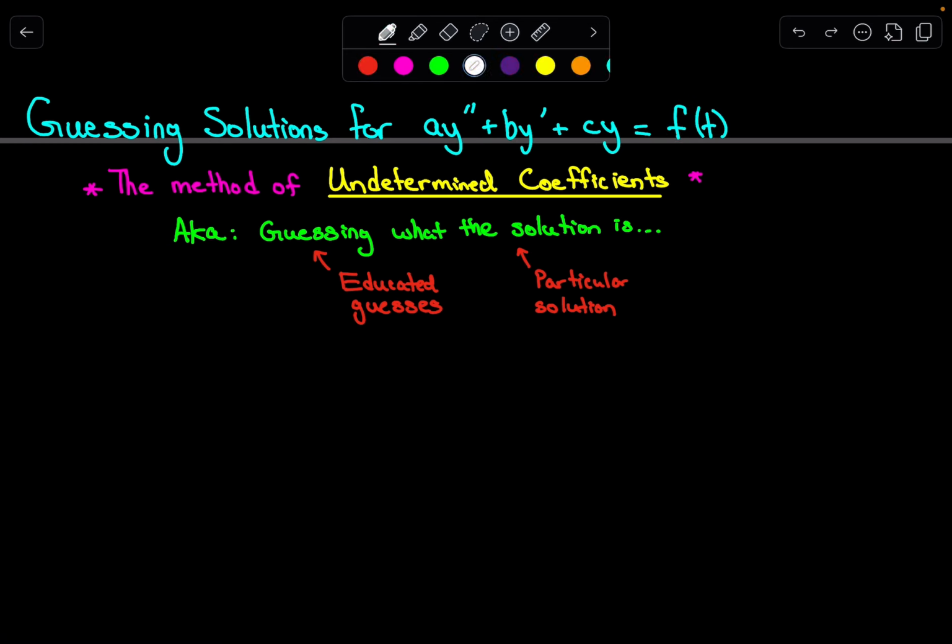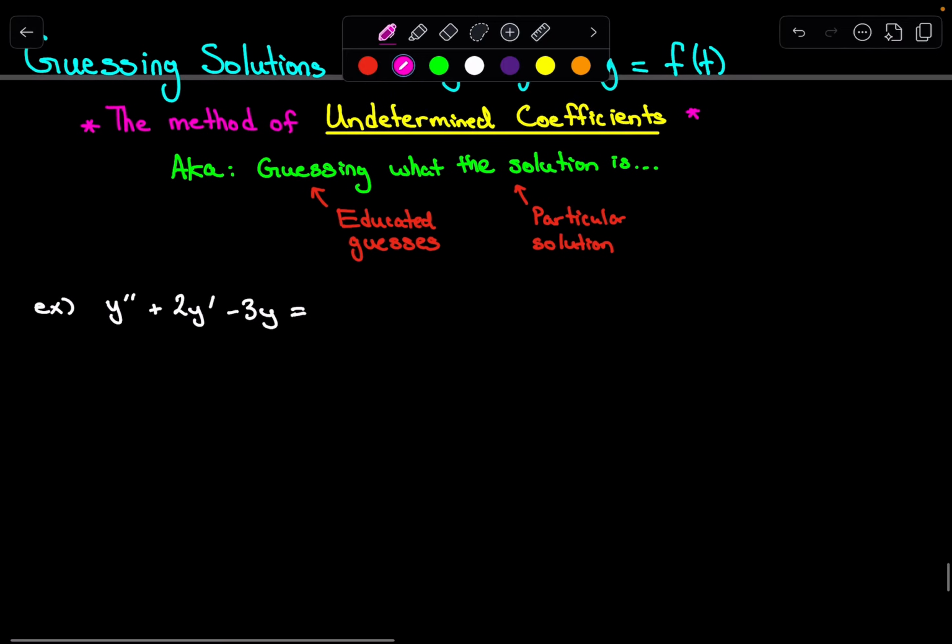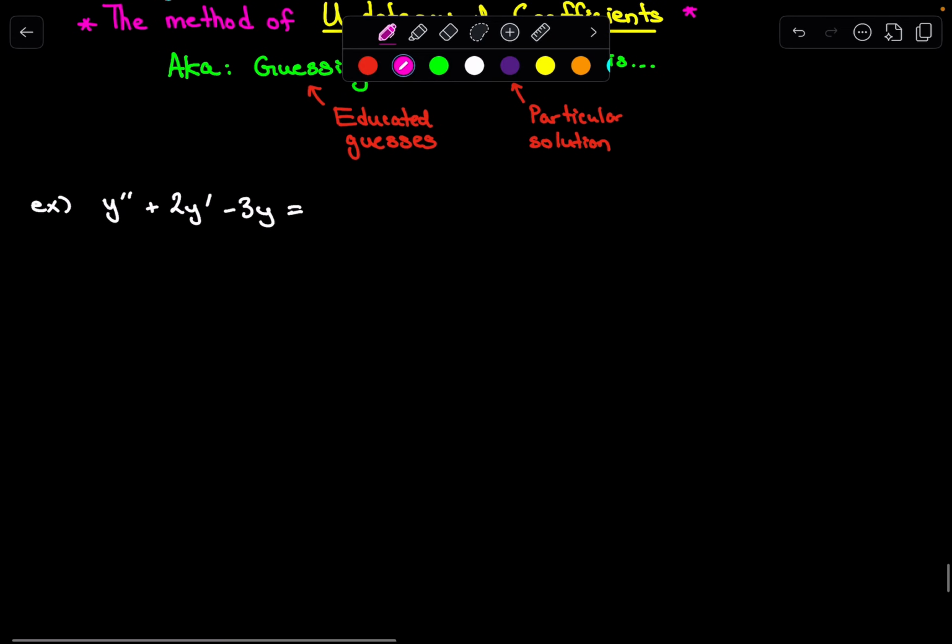So what we mean is, for example, let's say I have a differential equation like y double prime plus 2y prime minus 3y, and then instead of having 0 at the end, I tack on some other function. For the sake of doing examples, I'm going to put a whole bunch of different types.